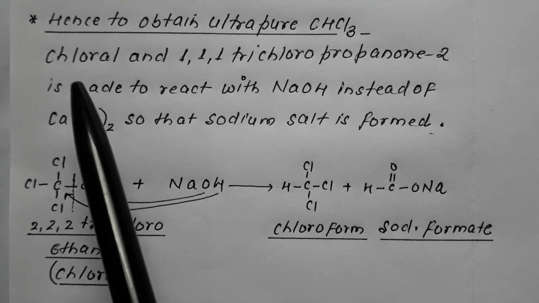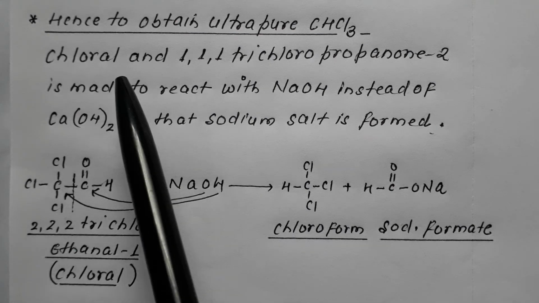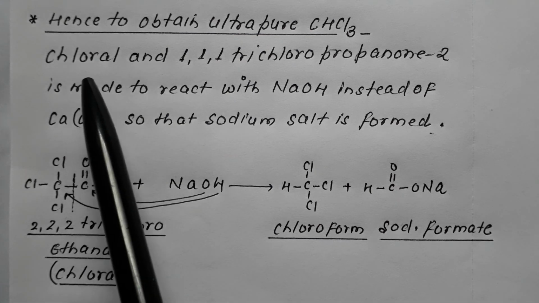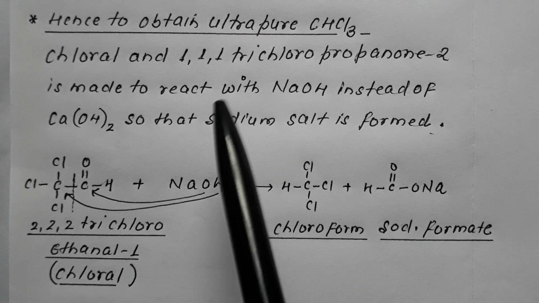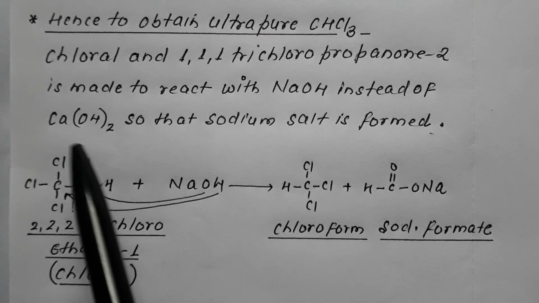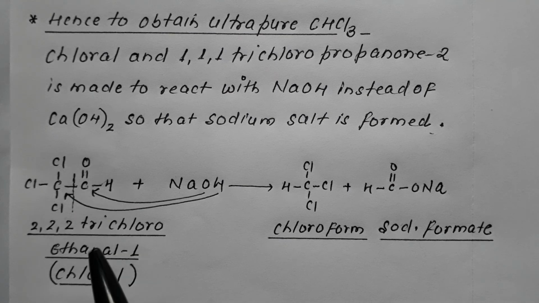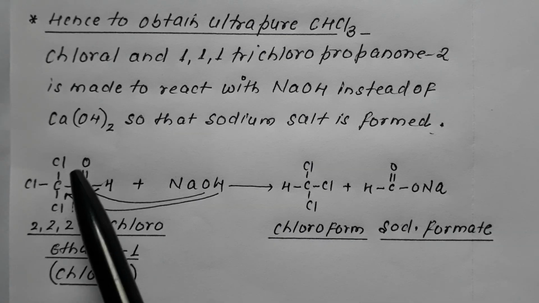So these two compounds, chloral and 1,1,1-trichloropropan-2-one, are made to react with NaOH instead of Ca(OH)2. If 2,2,2-trichloroethanal, that is chloral, is made to react with NaOH, this carbon bond breaks.